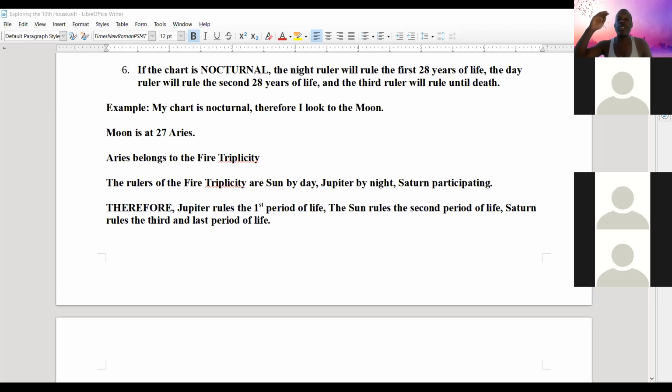That determines the sequence of the three planets. If it's daytime, we look to the sun, because that's the light in charge of the daytime. So what sign is the sun in? Is it in Gemini? And what element is that sign in? Because remember, triplicity equals element. So Erica, can you tell me that now?